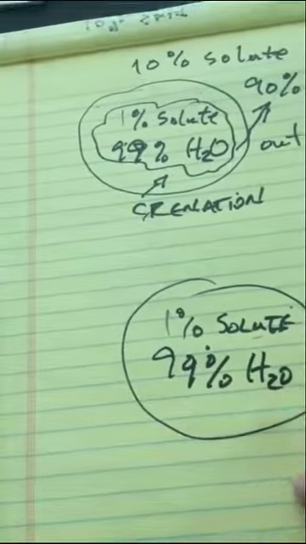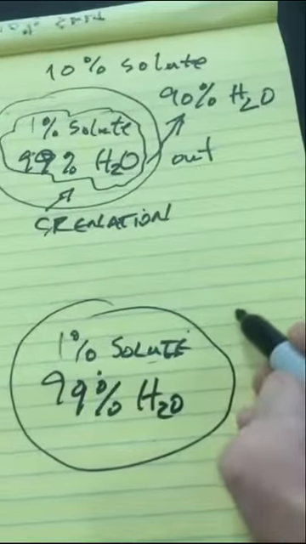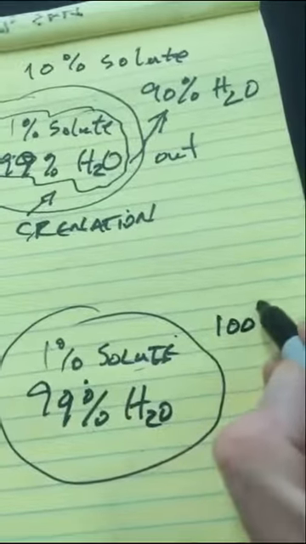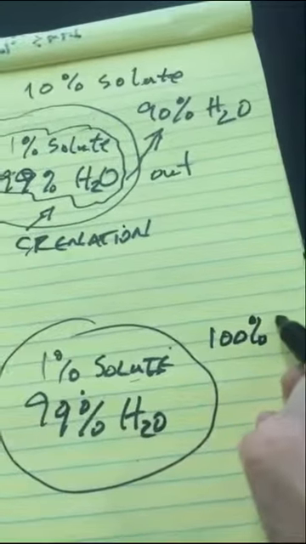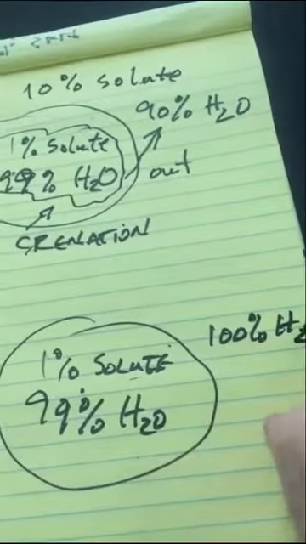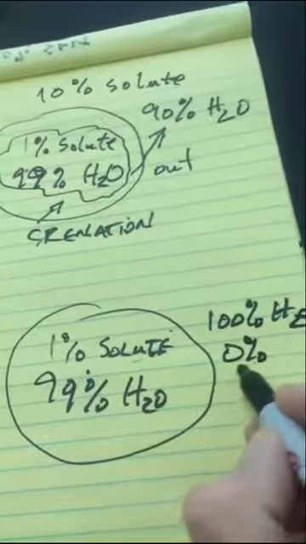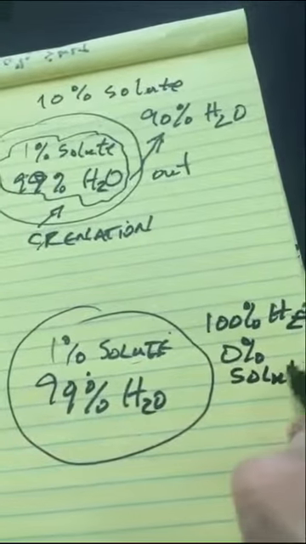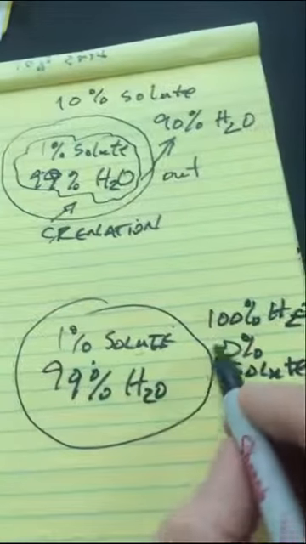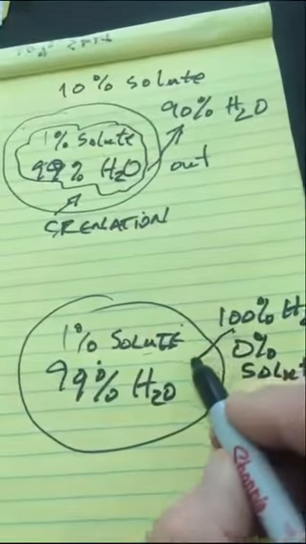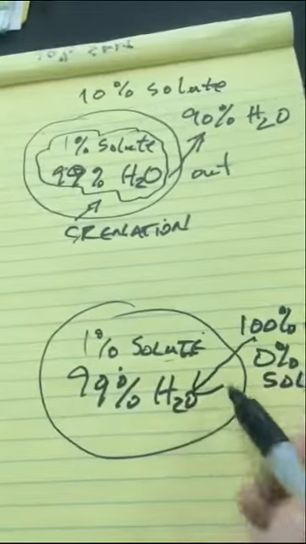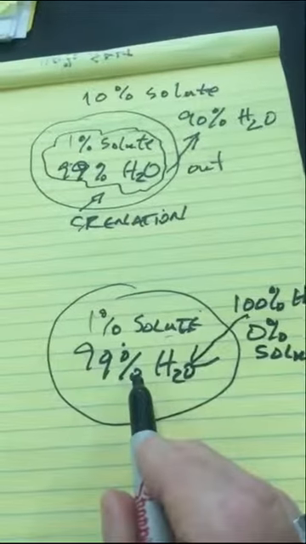All right, and then outside, we're going to place 100% water, distilled water, has nothing in it, no sugar, no salt, nothing there. Okay, so that's a 0% solute, nothing dissolved. Okay, so water is going to move from where we have more water to where we have less water. So water moves to the interior of the cell.